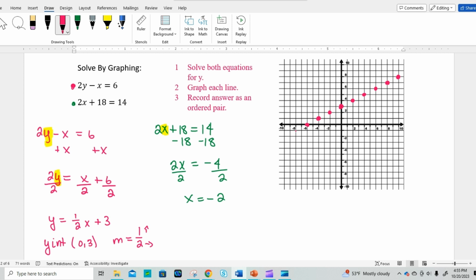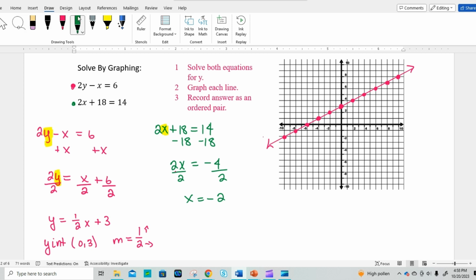Down 1, 2 left. Down 1, 2 left. So that draws my line across the entire graph. So I will go ahead and actually sketch that line. Okay, there's my pink line, and I'm going to put arrows on the end just to show that it goes to infinity in both directions.